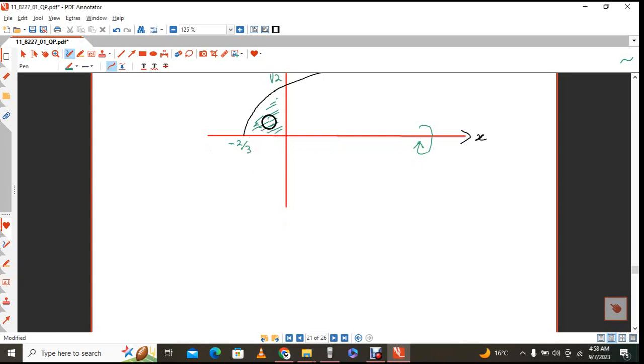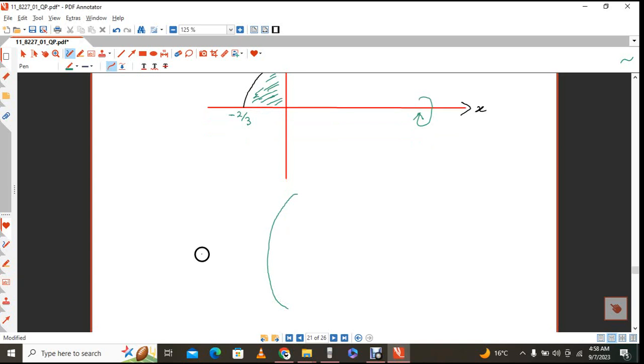If you had to rotate that whole thing, it's going to become something like, just excuse my drawing. It's very difficult to try to draw these 3D things.